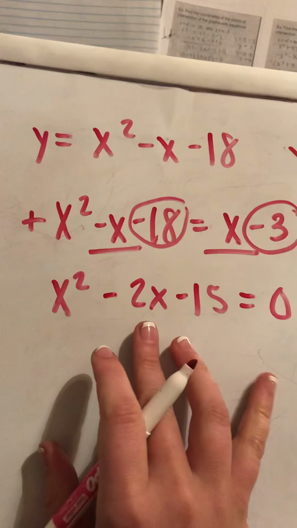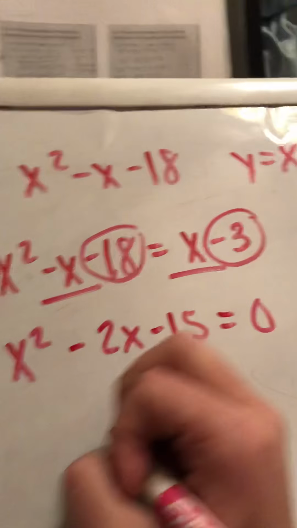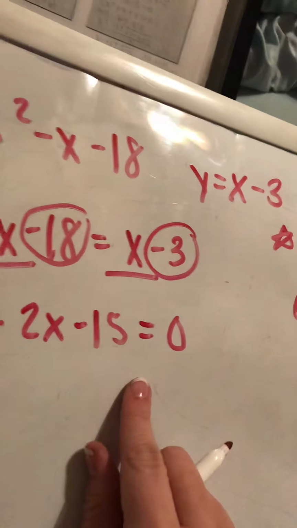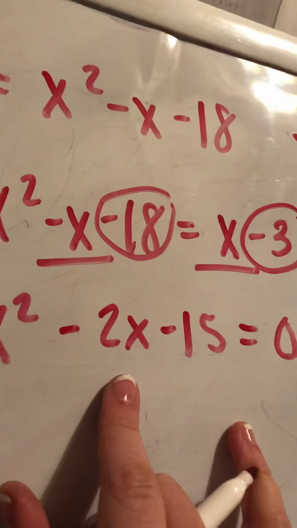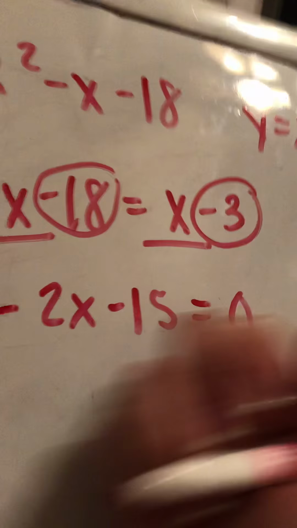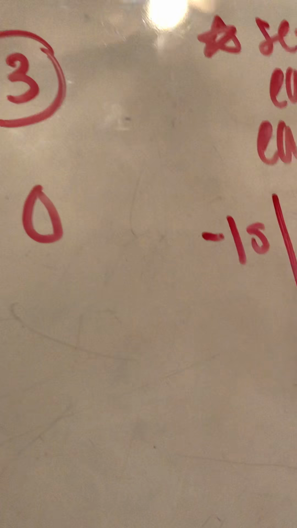And so now you're just going to go about this like a normal equation to solve for your x's. So factors of 15 that subtract to give you negative 2. I don't normally draw this, but I don't know if you do, so I'll do factors of 15 that subtract to give you negative 2.